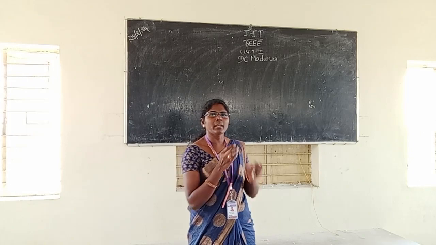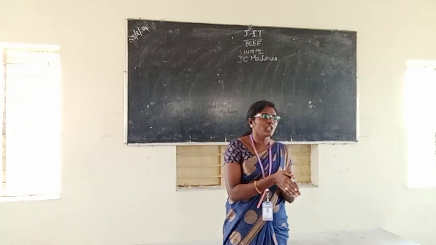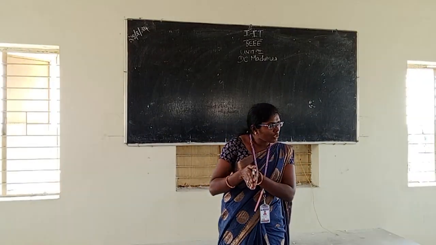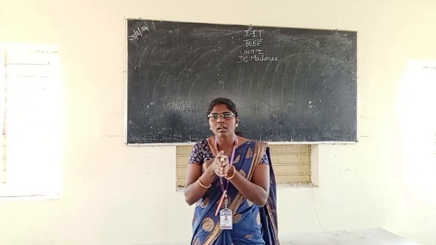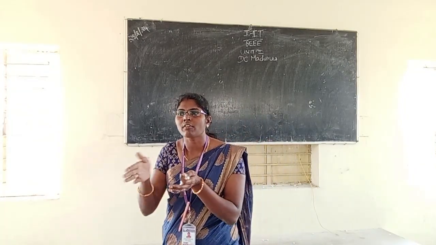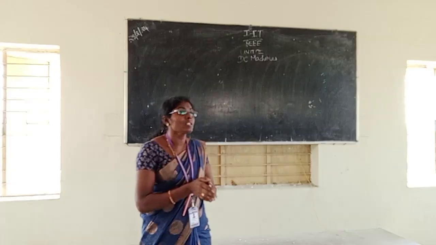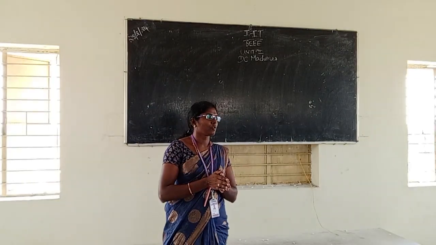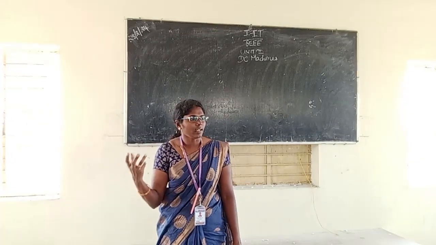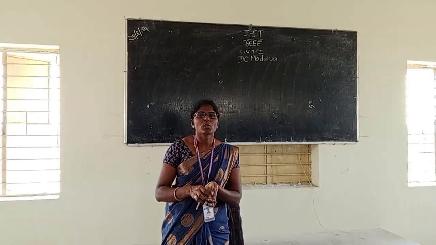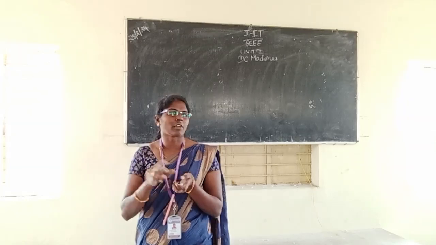So what is happening? If you are giving a DC current as an input, it will convert it into mechanical energy. If DC current is given as input and converted to mechanical energy, it is a motor. If it is generating electrical energy, it is a generator. So there are two conversions.